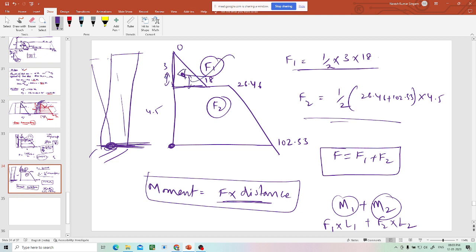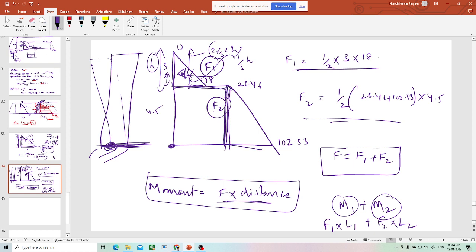It's 1 by 3 H. This is 2 by 3 H. H is this, if this is H, this one. So like that you know the location of the force. In the same way, you can calculate the force position of this. Or else if you want to convert this force 2 also into two other diagrams, you can make it a rectangle, you can make it a triangle.